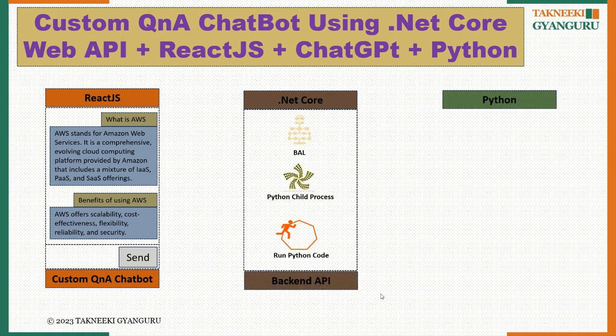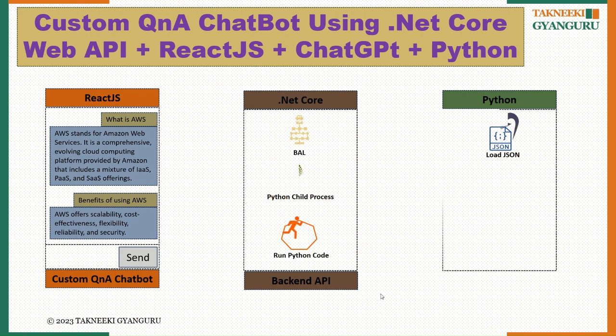The next pillar is Python. In this Python, we will load our JSON file, whatever JSON file we have with questions and answers, and we have the LangChain library. From there, we will write our code to index this file, and using the index, we will use ChatGPT, the OpenAI chat model.